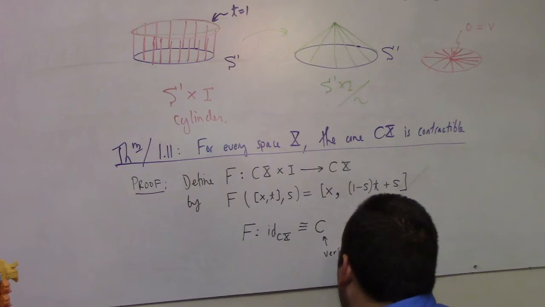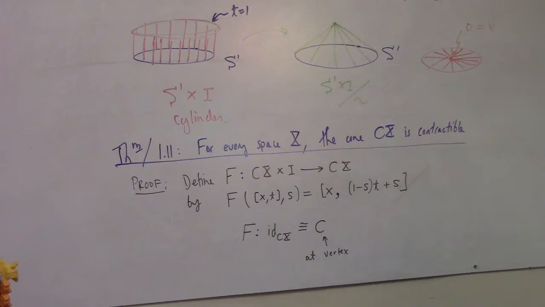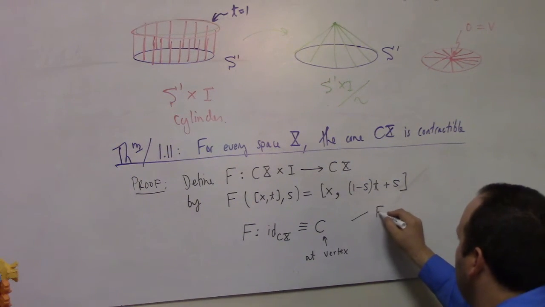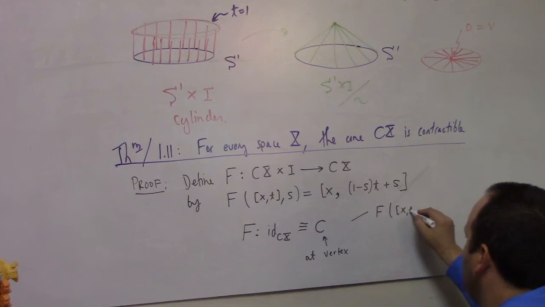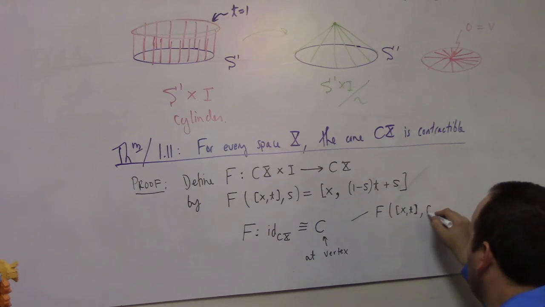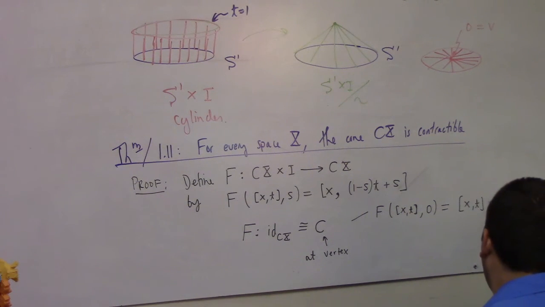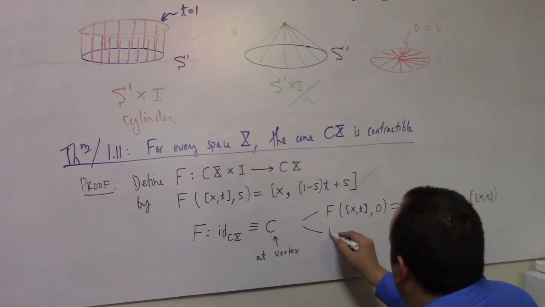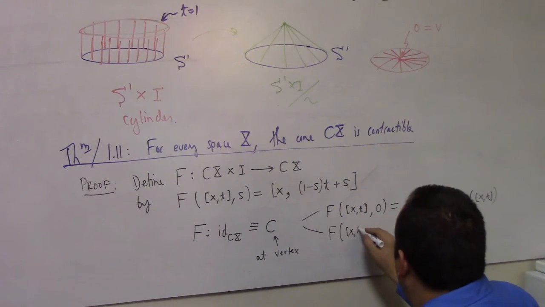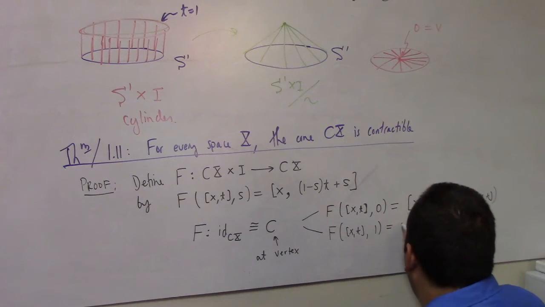Yeah, at the vertex. If it's not the vertex, I will be shocked. All right, so let's check it out. F of (x, t) at 0 is what? Just (x, t). Well, that does look like the identity. So there's your identity. And how about 1? It's going to be (x, 1).